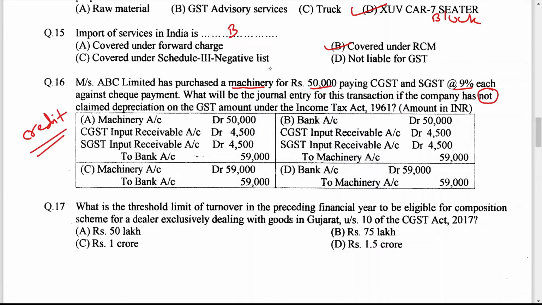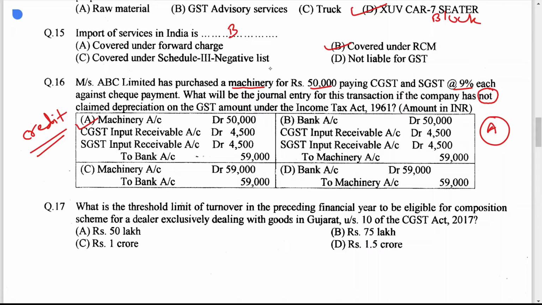If credit is available, in that case, what you have to do? You have to pass the entry in such a way that input receivable will be debited. So, in that case, answer is A. So for this, A is the answer. Machinery account debit 50,000, CGST input receivable account debit 4,500, SGST input receivable account debit 4,500 to bank account 59,000.